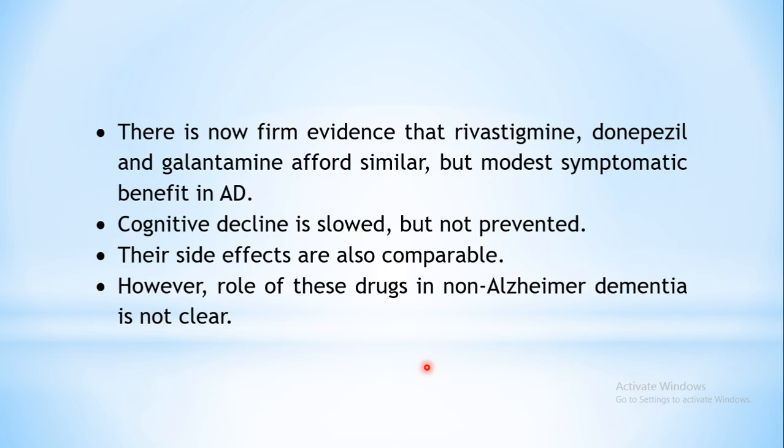If you look at all these agents, tacrine is not very popular because of the hepatotoxicity, but rivastigmine, donepezil and galantamine, all 3 afford a similar kind of symptomatic improvement in Alzheimer's disease. Whatever cognitive decline is produced is slowed, but it is not totally prevented. It will slow down the progression of the disease.